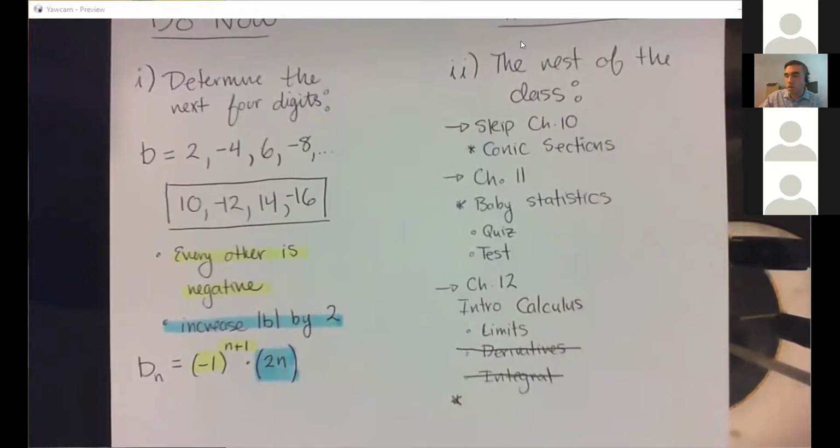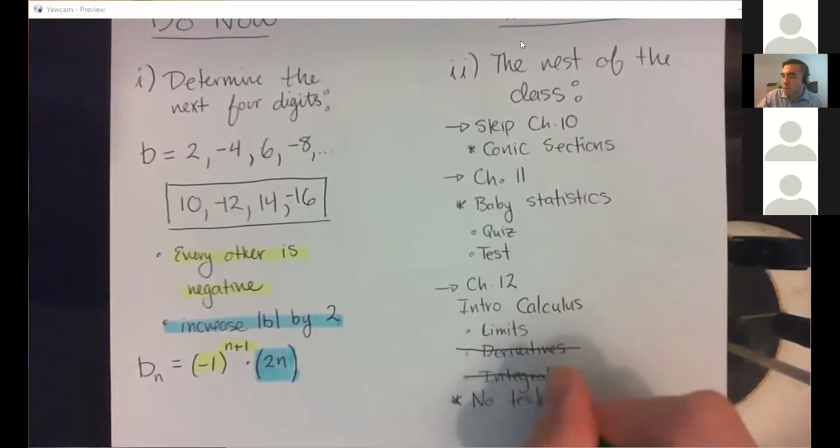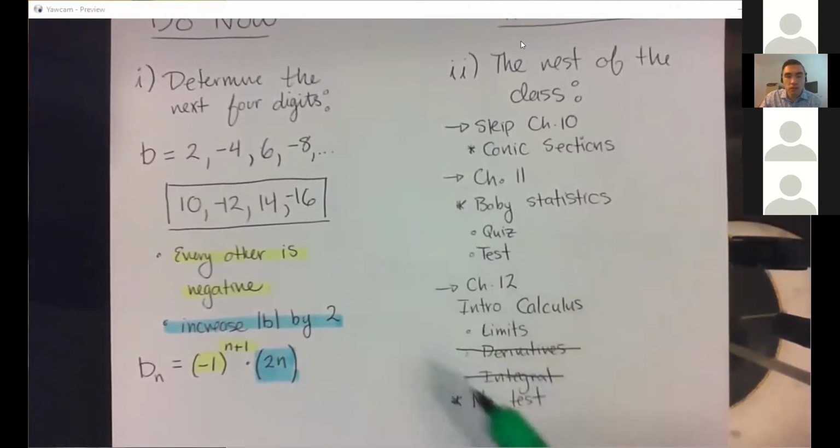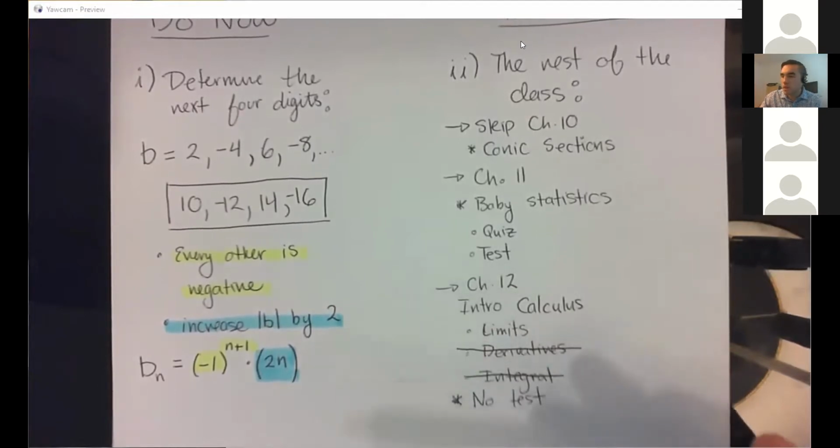It's straight up calculus. This chapter will contain no test, especially since by the time we're here, we'll be past the AP test. And I figure it'll be hard to keep everybody's attention on additional assessments.